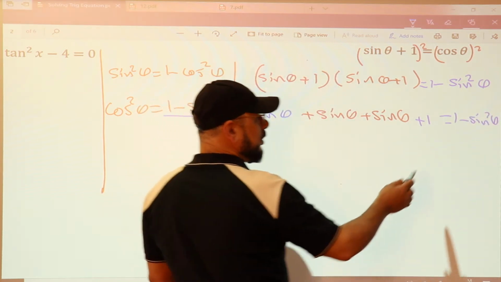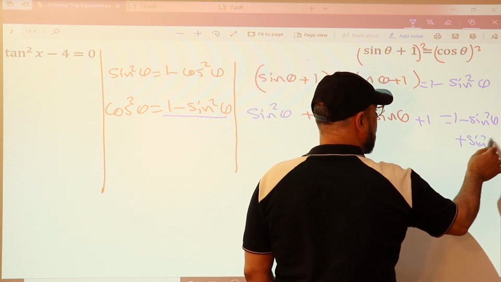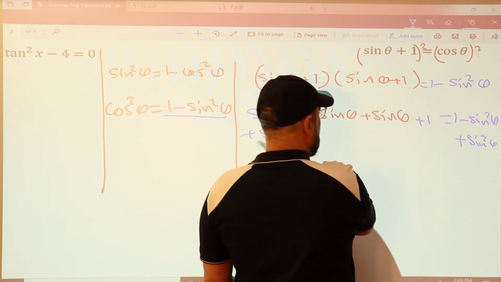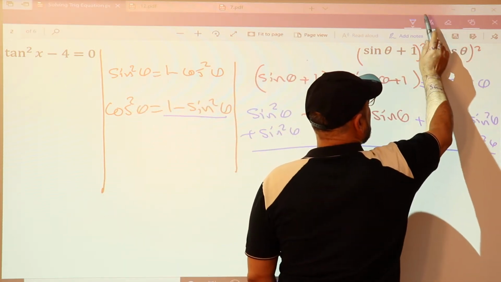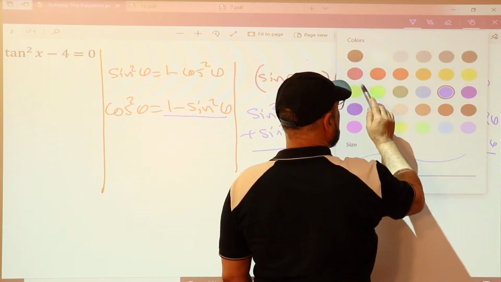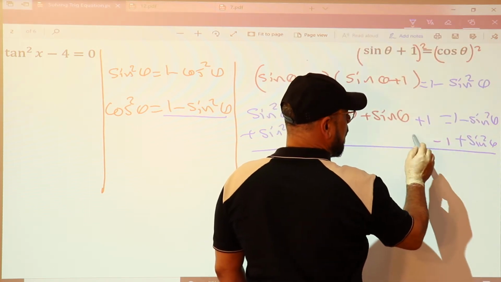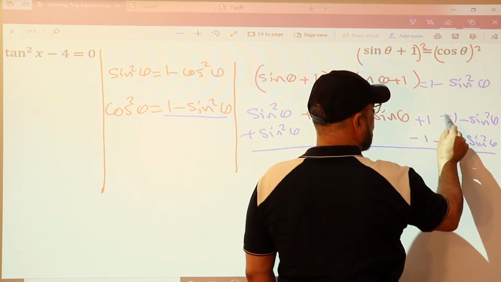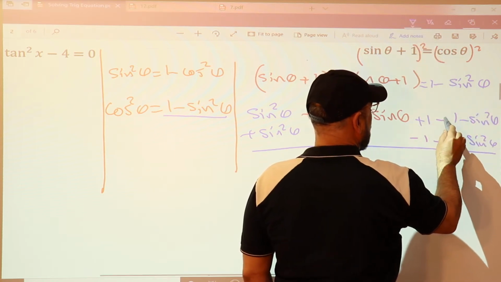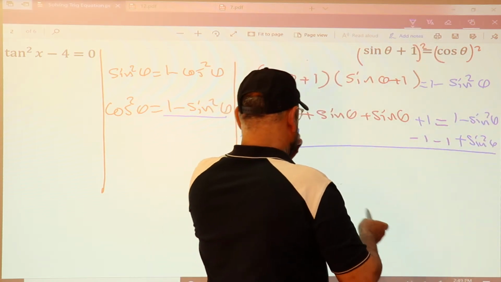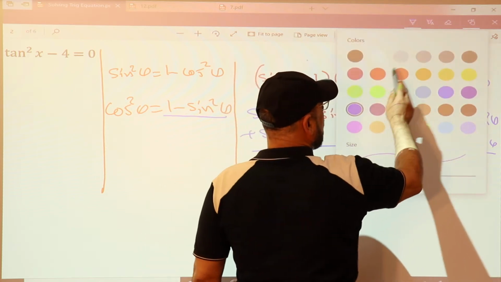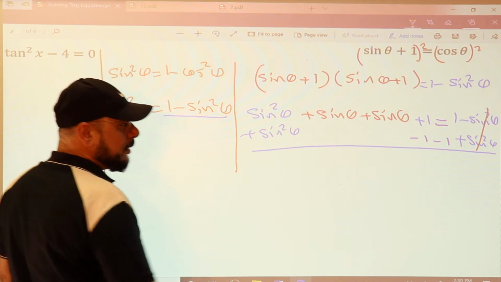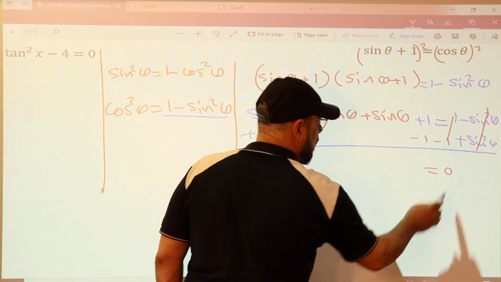Good? Now add sine squared theta on both sides, and you can put minus 1 on both sides. This cancels and the 1 cancels, because we need this side to be 0.